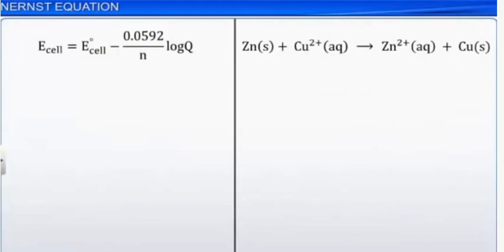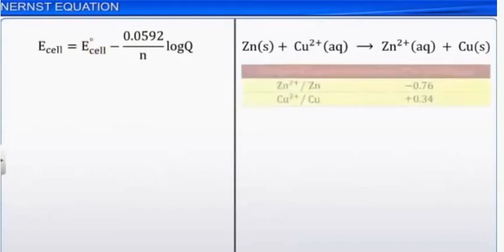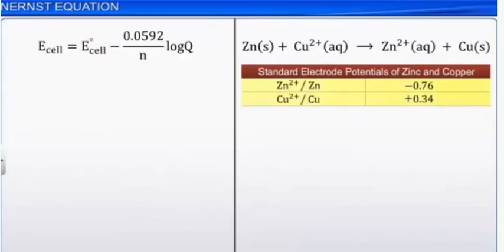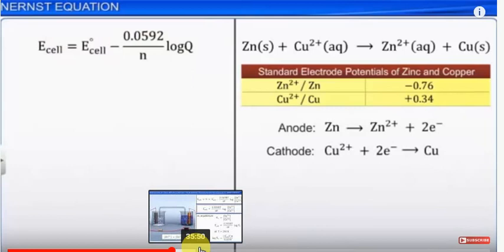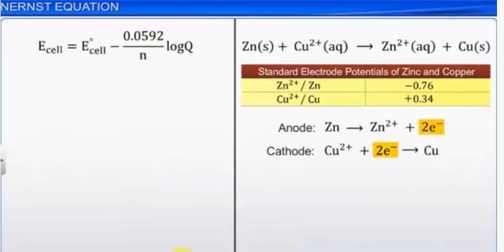First, you need to find E cell at standard conditions using our table of standard electrode potentials. Then, use the Nernst equation. From the half reactions, we see that 2 electrons are transferred in the overall reaction.